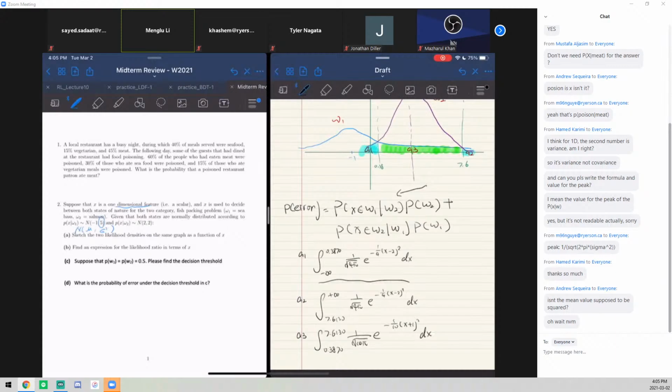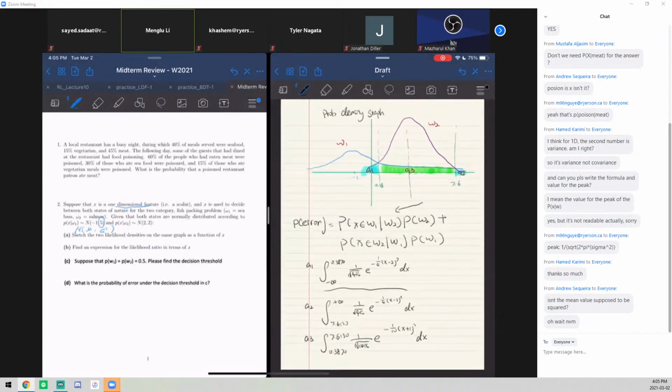Okay. These are the equations for area. It's also the equation for the likelihood.